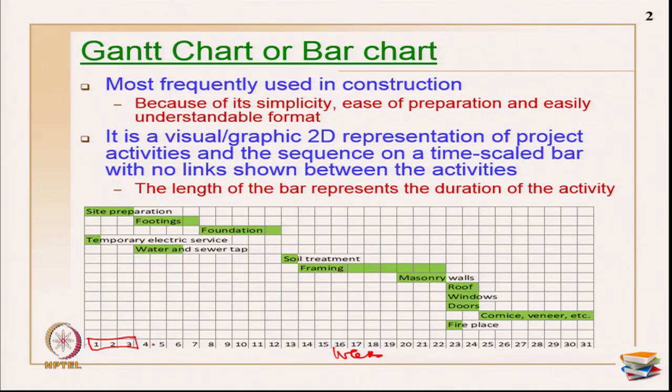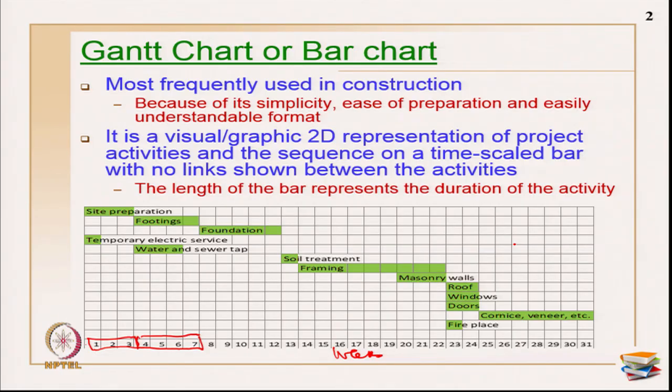After the site preparation is over, footings start and take another 4 weeks to finish. Like this the bar chart representation goes on: foundation, and temporary electric service can start in parallel. After the site preparation we have water and sewer tap, after foundation we have soil treatment, then framing, then masonry wall. This is primarily an architectural structure built for construction.